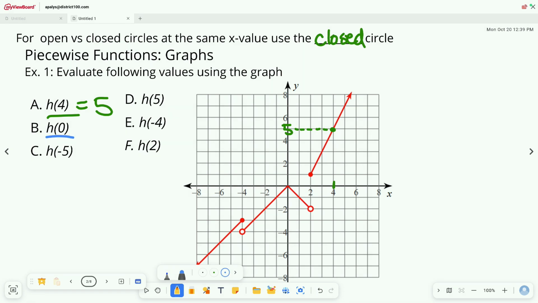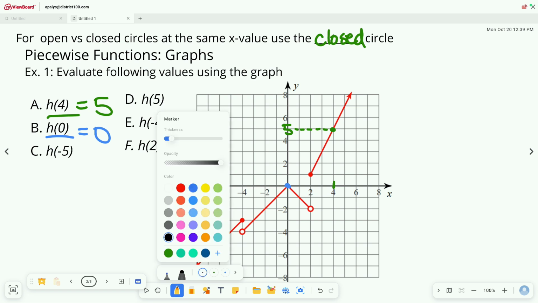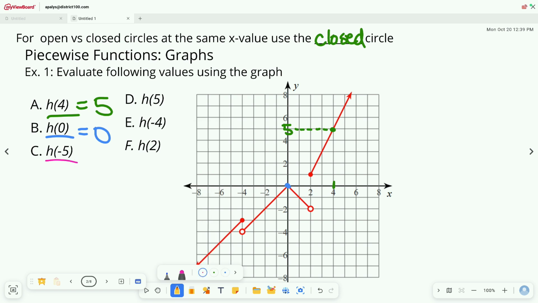The h of 0, where x equals 0, y equals 0. Where x equals negative 5, y equals negative 4.